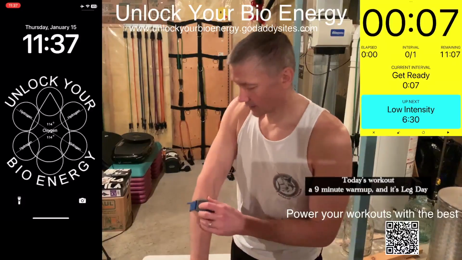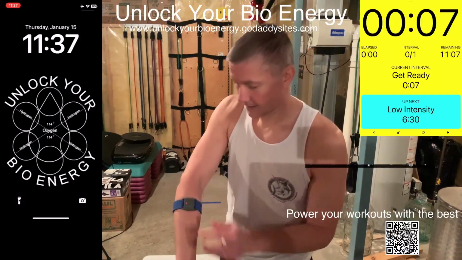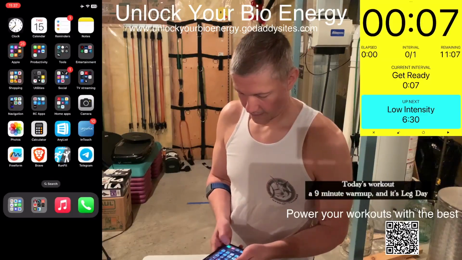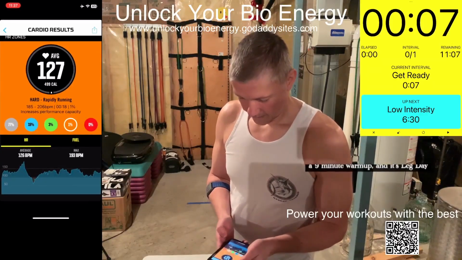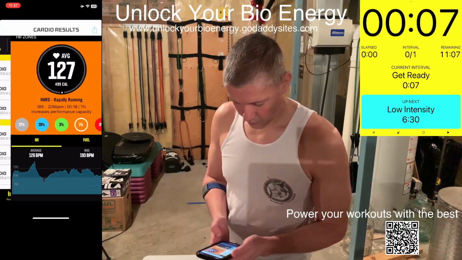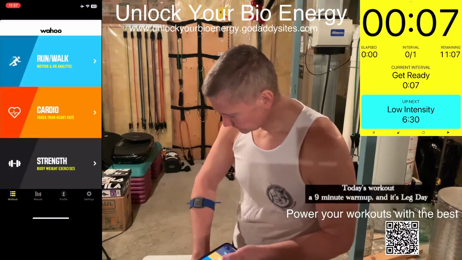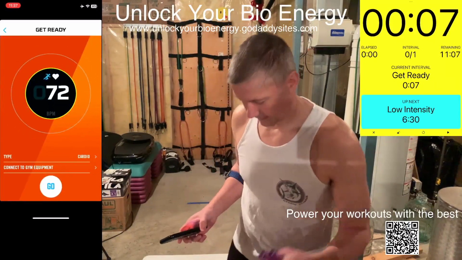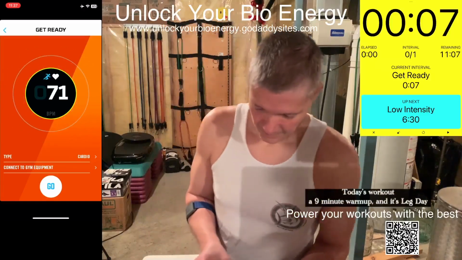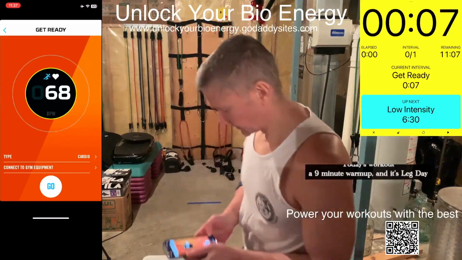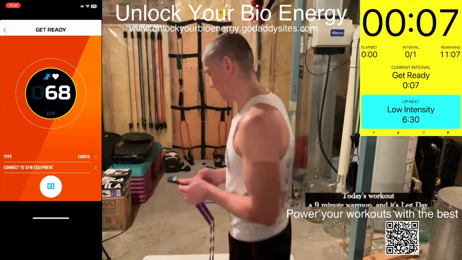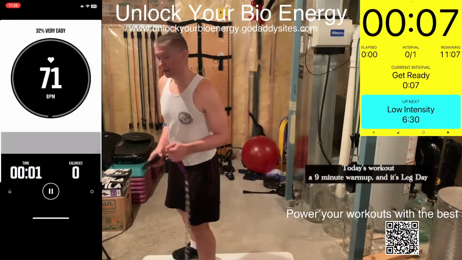Before I forget, heart rate monitor. Yesterday's result hit 193. Okay, looks good. Let's begin.